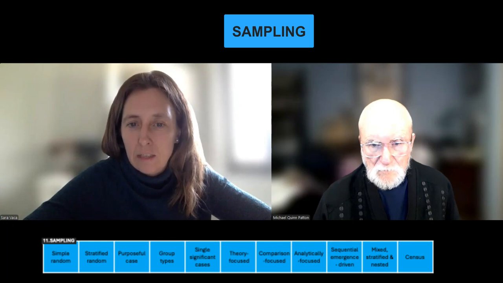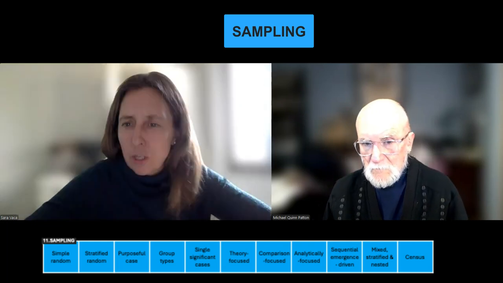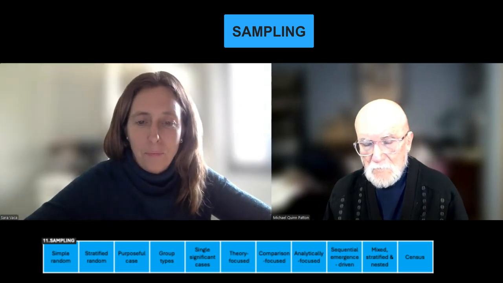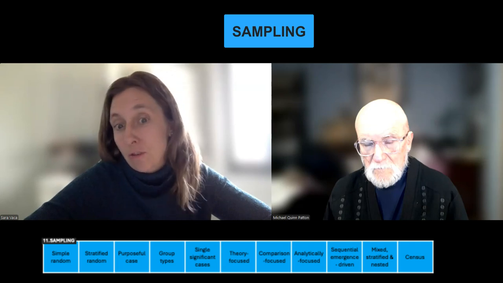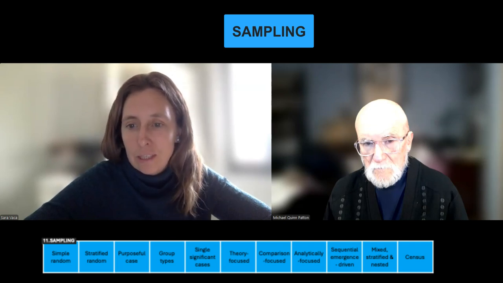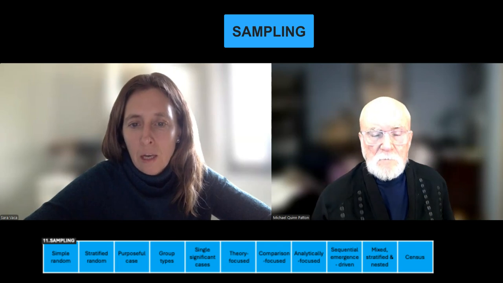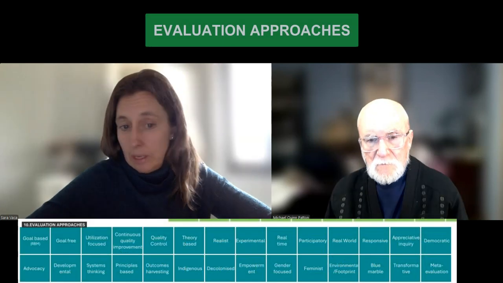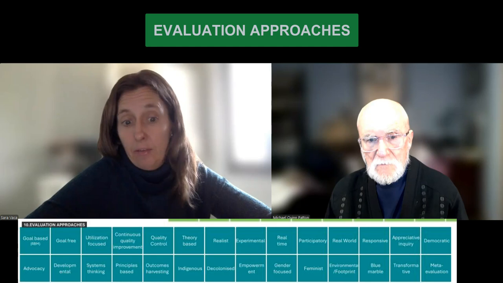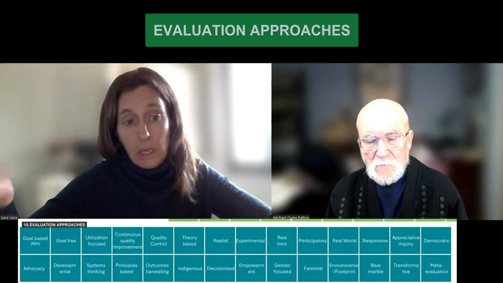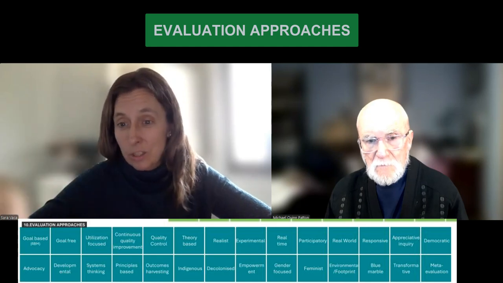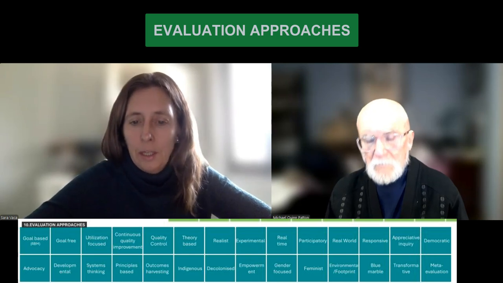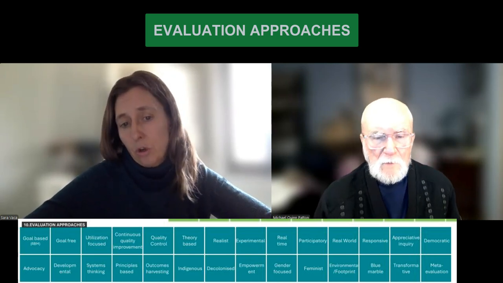And in your qualitative research book, there are 40 different types of qualitative sampling, for example. And then we have the evaluation approaches, which doesn't necessarily have to be that far. It can sometimes, as you were saying, be discussed alongside purposes. And here we were also conscious that we're leaving some of them out.